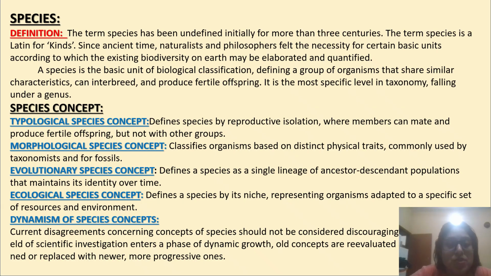Next, the evolutionary species concept defines a species as a single lineage of ancestor-descendant populations that maintains its identity over time. Next, the ecological species concept defines a species by its niche, representing organisms adapted to a specific set of resources and environment.